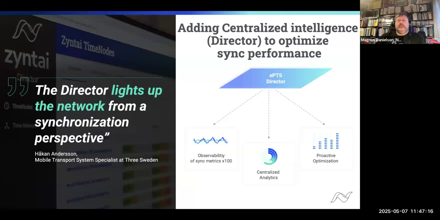I've been focusing a little bit on how we do things locally, but then as you back out and collect data for the full network, you can start to do optimization of the network with that central knowledge. You can piece together a better total picture than you can in any of the local nodes.